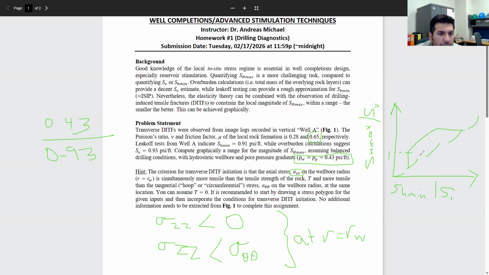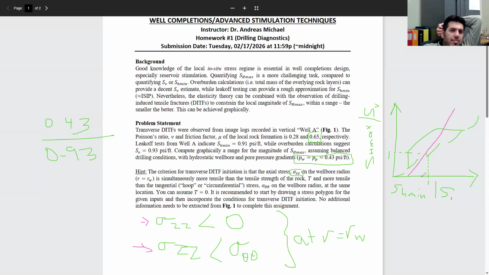This would be 1. This will also be 1. Then you are gonna draw the 2 lines, one line for this and one line for this. A line like this and a line like this. And then in the middle, you are gonna have the yellow region.